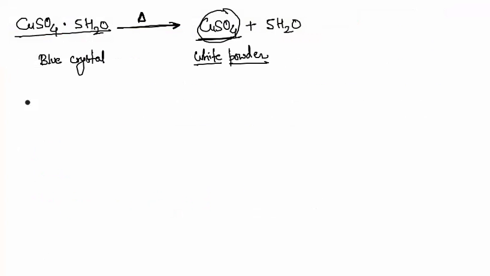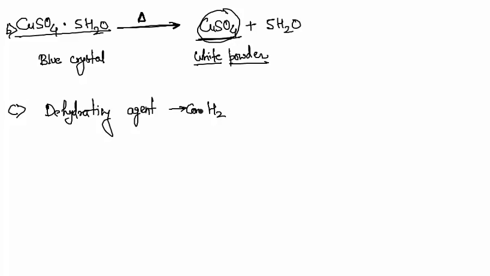C: By what means other than heating could you dehydrate copper sulfate 5 water and obtain anhydrous copper sulfate? We can use some dehydrating agent like concentrated H2SO4. In the presence of concentrated H2SO4, this blue crystal, copper sulfate pentahydrate, will lose its 5 water.